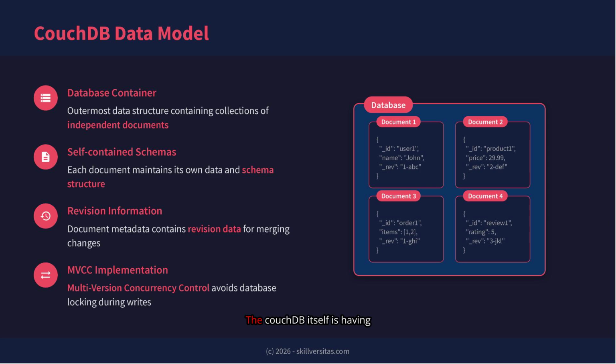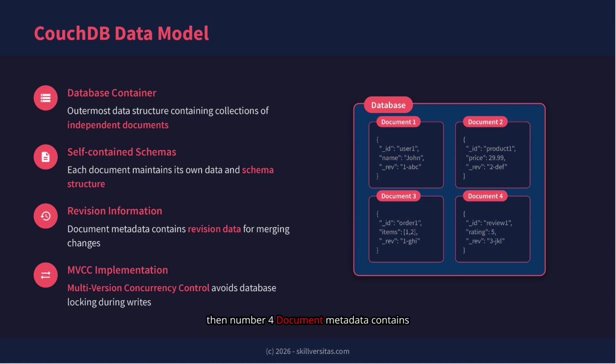CouchDB itself has a different data model. You should know this model before you use CouchDB on your project. Number 1, the database is the outermost data structure/container in CouchDB. Number 2, each database is a collection of independent documents. Number 3, each document maintains its own data and self-contained schema.